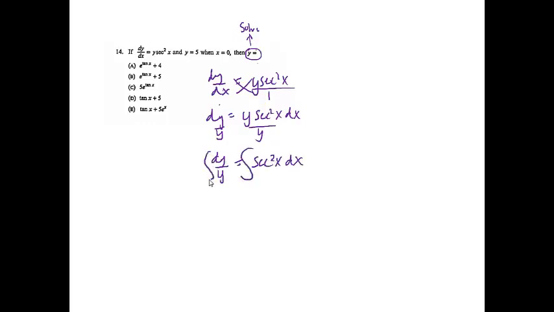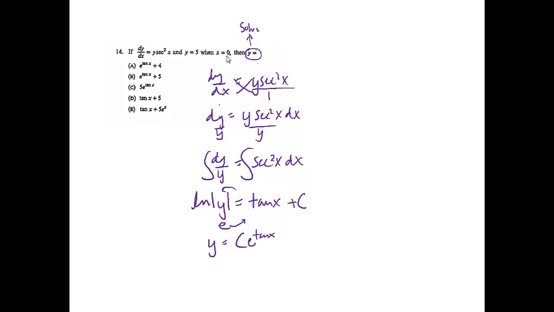I am now ready to take the integral of both sides. And just like we have du over u as natural log, dy over y is also natural log. So I'll get the natural log of y is equal to, the integral of secant squared is tangent x plus c. I'm ready to do the logarithmic loop. So when I do that, I'm going to get y equals c e to the tangent x.